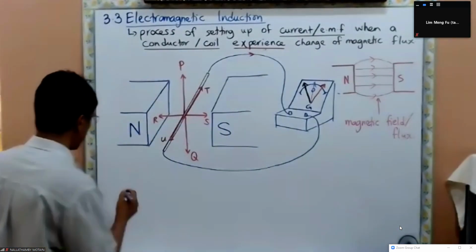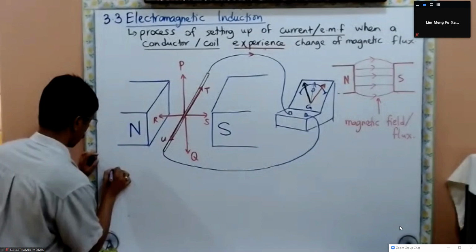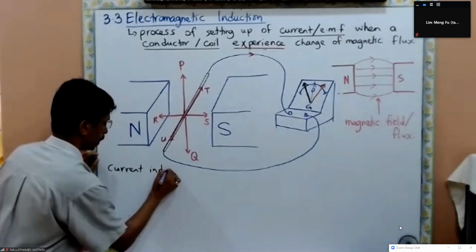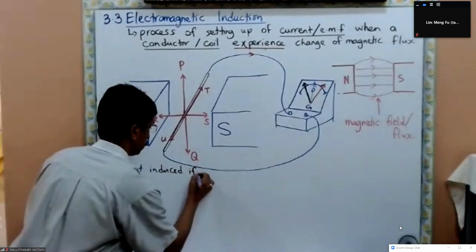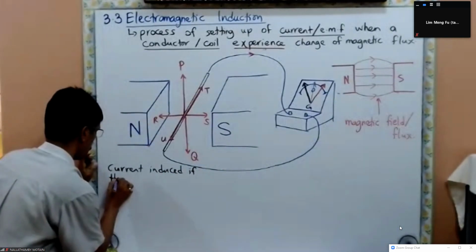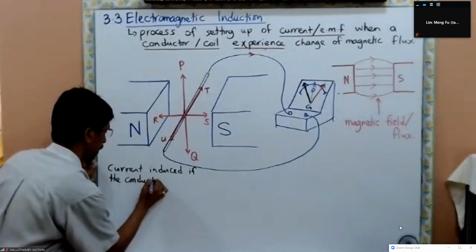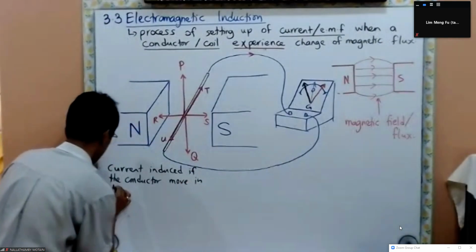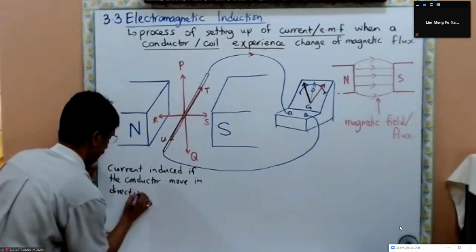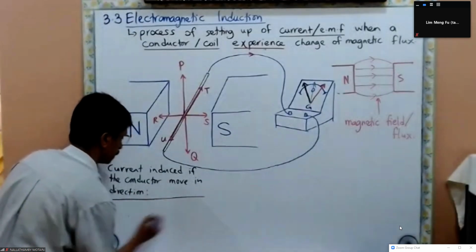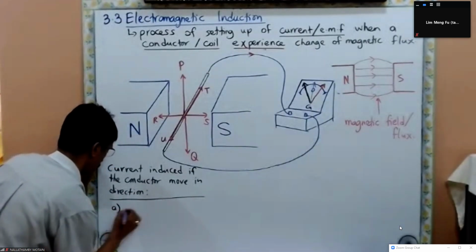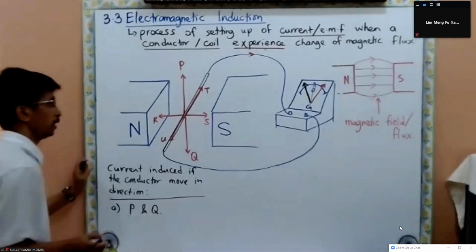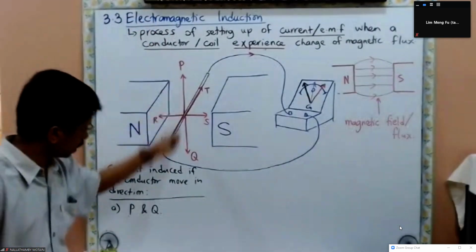So the conclusion here is: current is induced in the conductor if it moves in direction P and Q. If you move in direction P or Q, what happens?